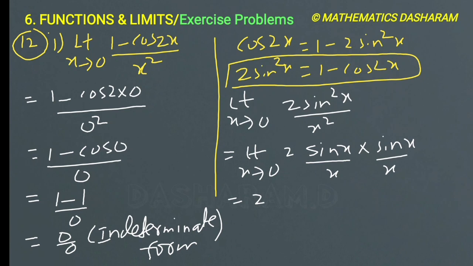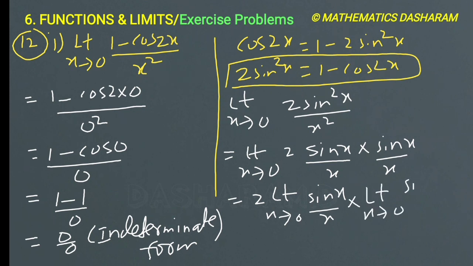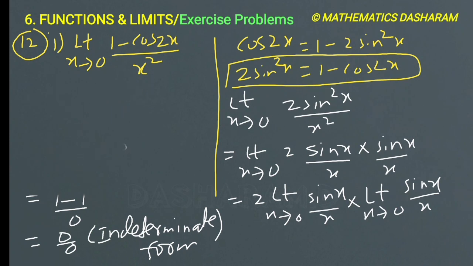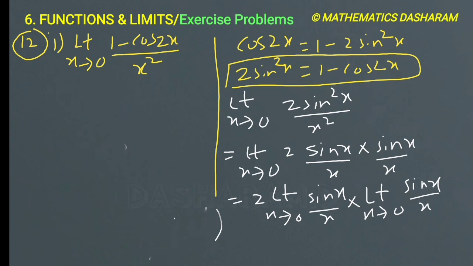Now apply the limit individually. Limit x tends to 0 of sin x by x into limit x tends to 0 of sin x by x. So 2 into, what is its value? 1, and its value also 1. So overall the answer is 2.